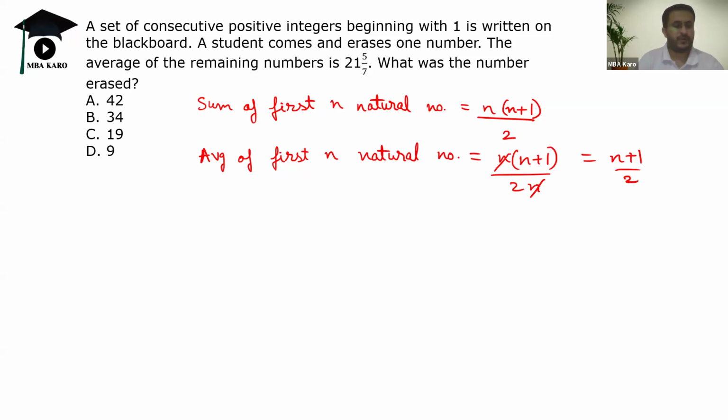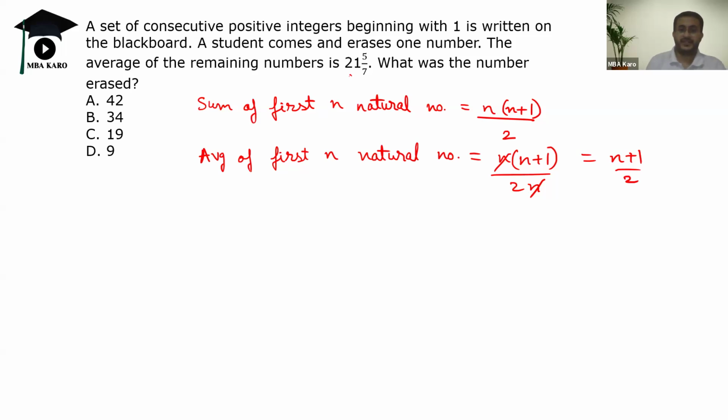Now, what we need to think is, see, this question is fairly simple. What is the average given to us? 21, right? So either that average will be more than 21 or less than 21. Okay, getting it? Whether it will be 21 or it will be 22.